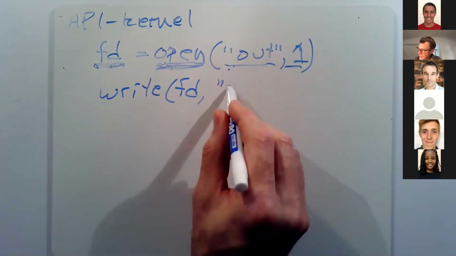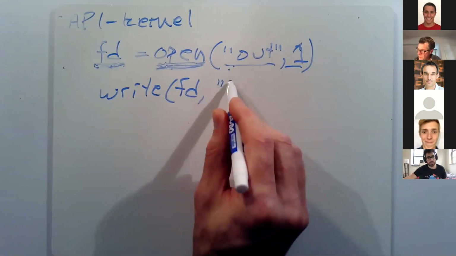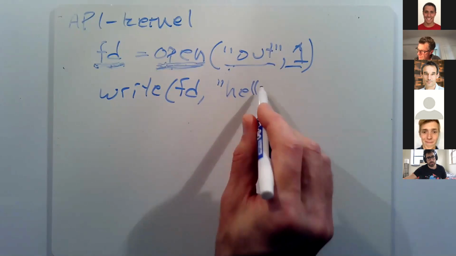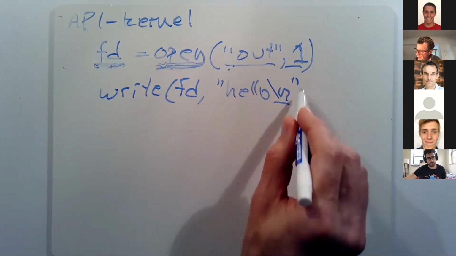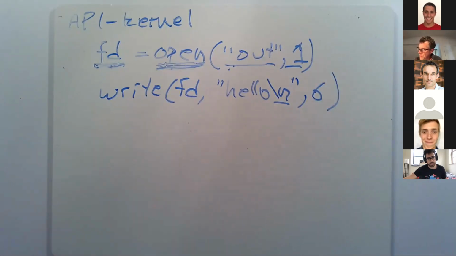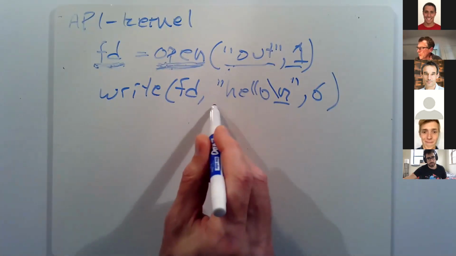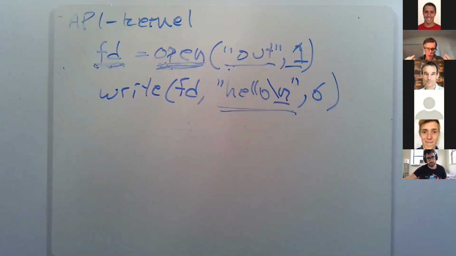An easy way to do that in the C programming language, in which these examples are written, is with double quotes and then the bytes of the string, where \n is a new line. The third argument is the count of characters that you want to write. This really gets passed as an address in memory. So you're telling the kernel, please write 6 bytes from this address to the file that this file descriptor refers to.